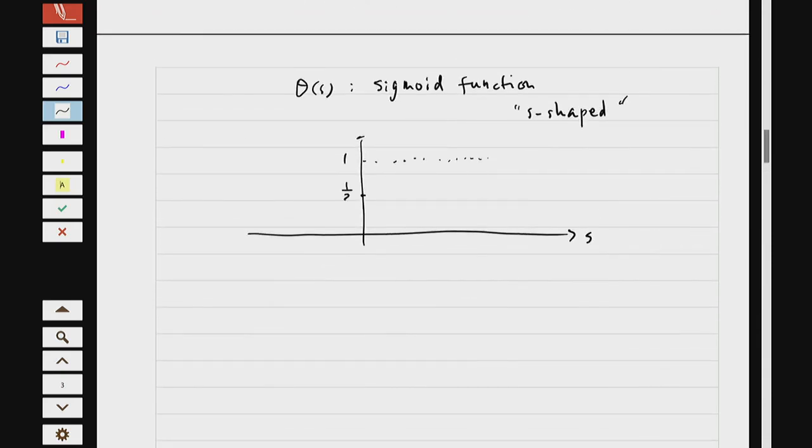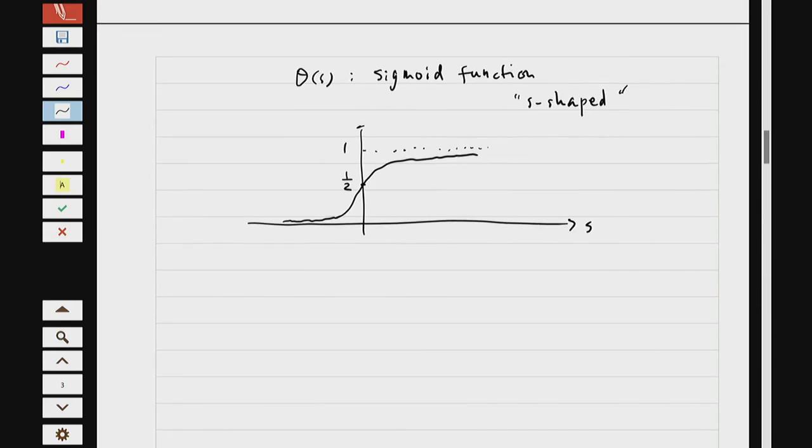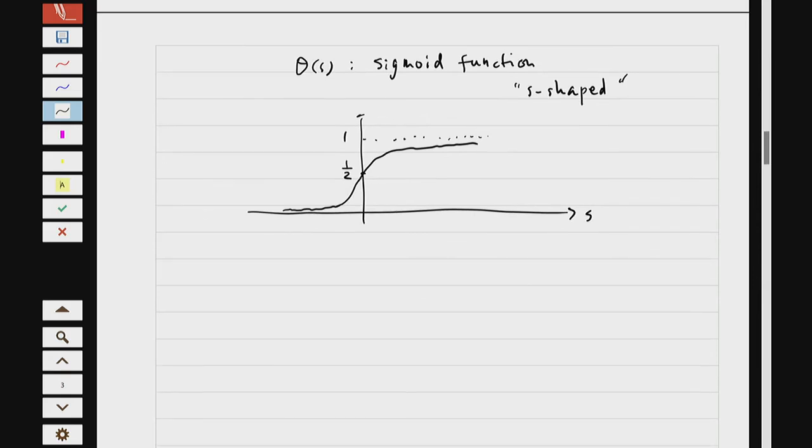Symmetrical left and right, and up and down as well, but around half. So it looks something like this. It asymptotically goes to 1, and on the other side asymptotically goes down to 0. If you plot this, you can do it on your calculator or MATLAB easily, or Python.